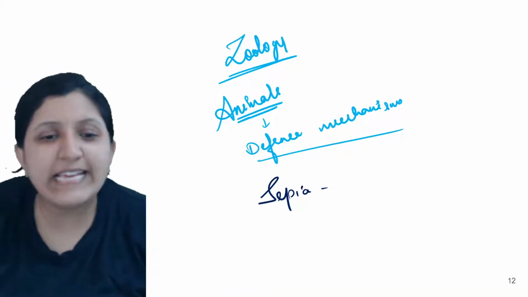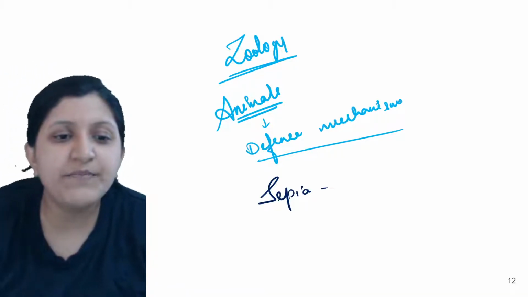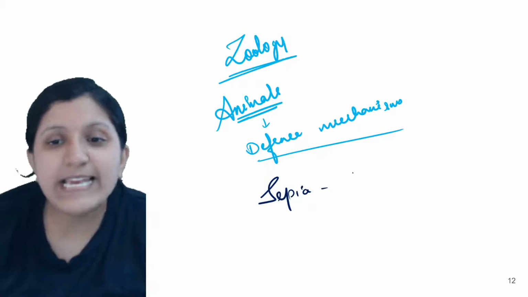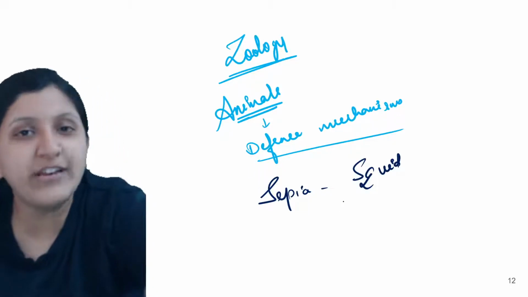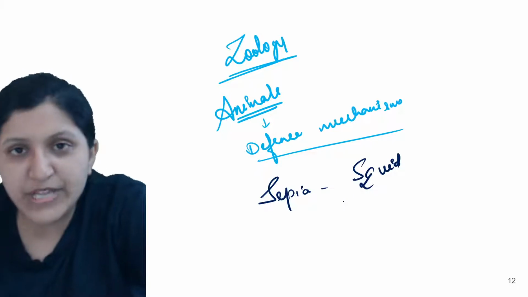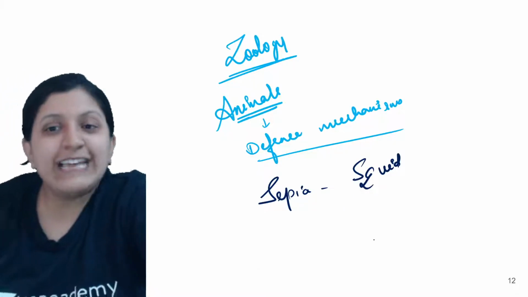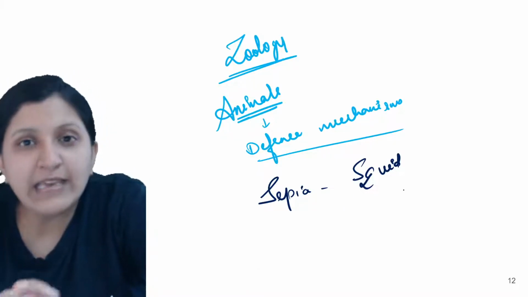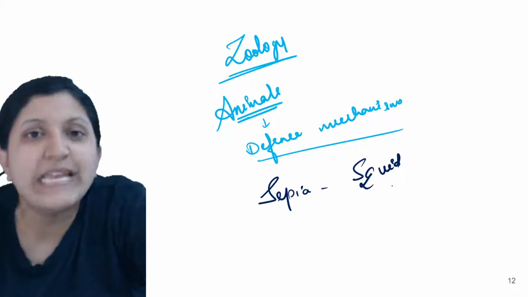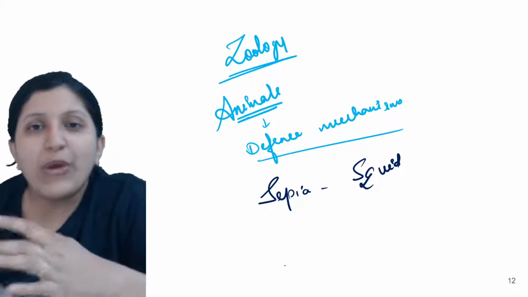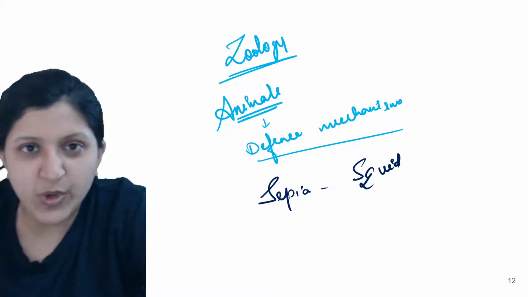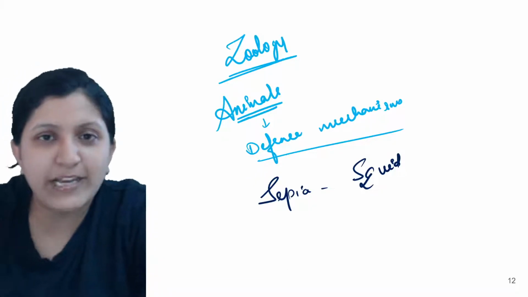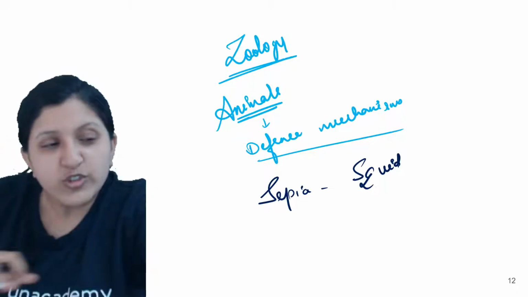Alright, the sepia is basically a squid. It has a different defense mechanism: it has black ink in its body, mainly in the anal part. Whenever a predator comes to eat the sepia, that is the squid, it releases that black ink in the water.